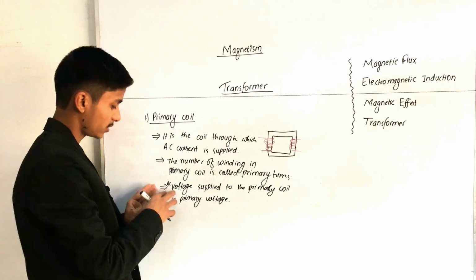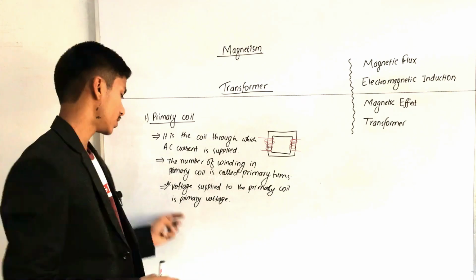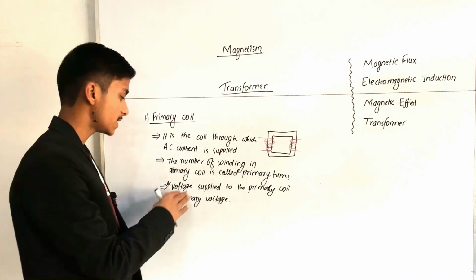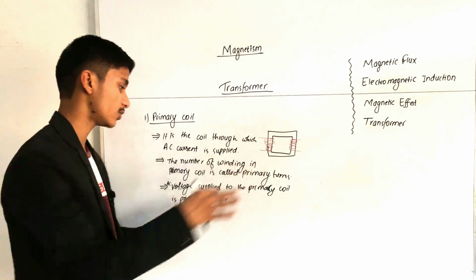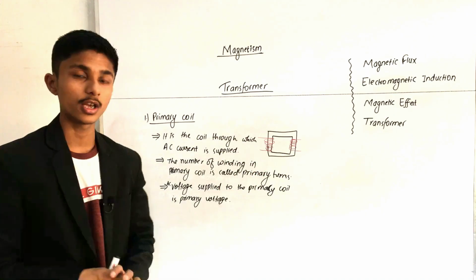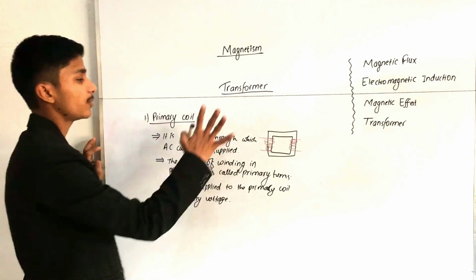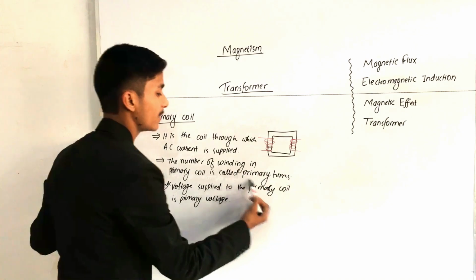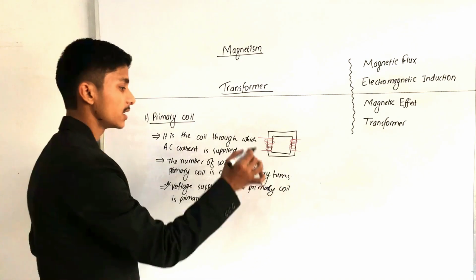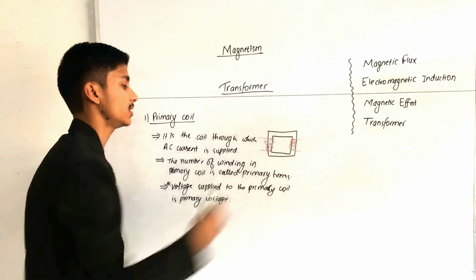So the AC voltage which is supplied to the primary coil is called primary voltage. In the primary coil, for the step up transformer, the number of primary turns is less than the number of secondary turns.